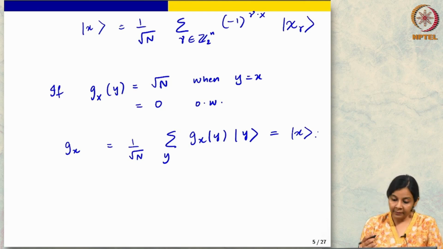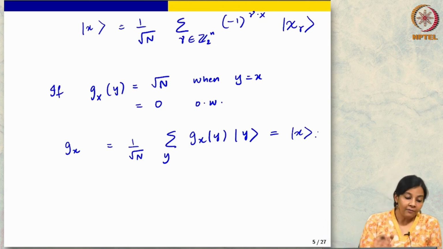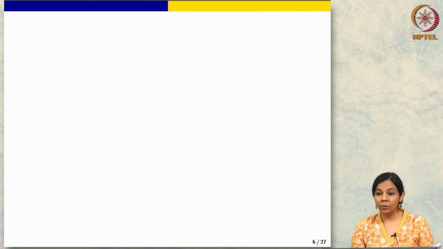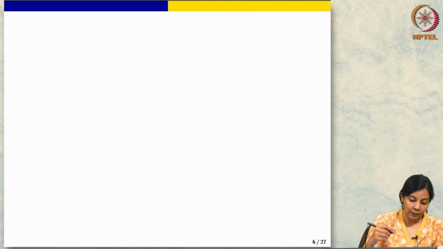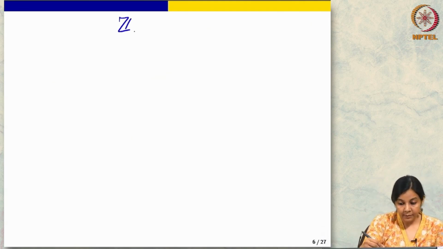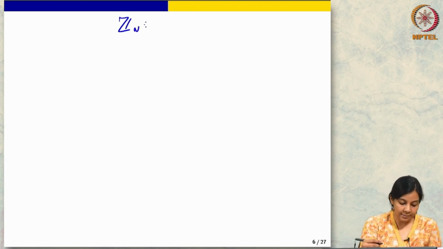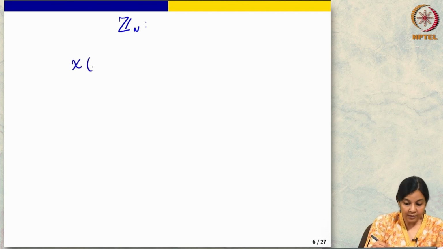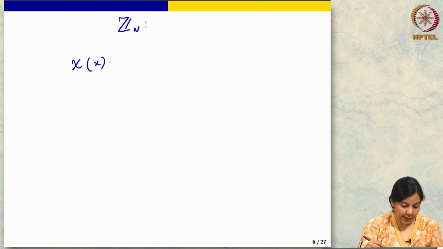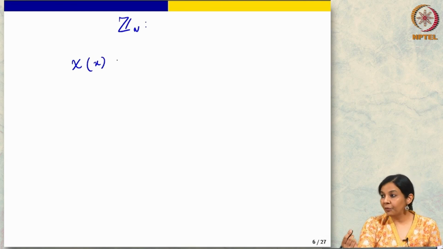So now let us generalize all these ideas to Zn. Let us try to arrive at what the characters should look like. Now consider Zn. One of the things that we said about characters is that it should satisfy this homomorphism property.